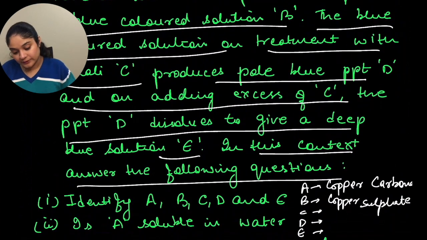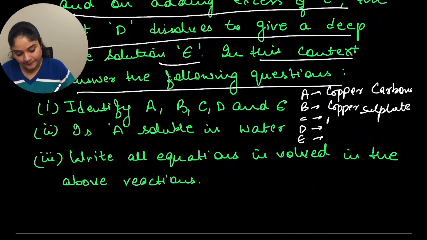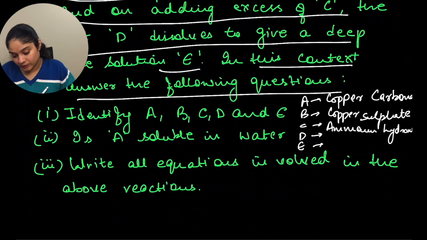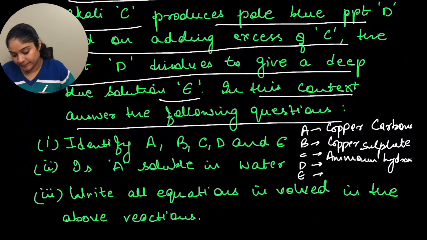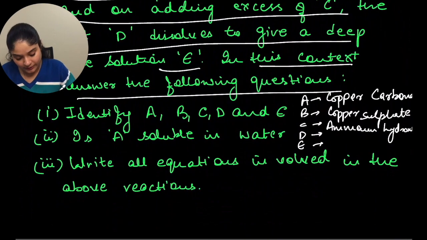The blue colored solution on treatment with alkali C produces, now this alkali C will be ammonium hydroxide. Next is adding in excess of C, precipitate D. So your precipitate that is produced is copper hydroxide.